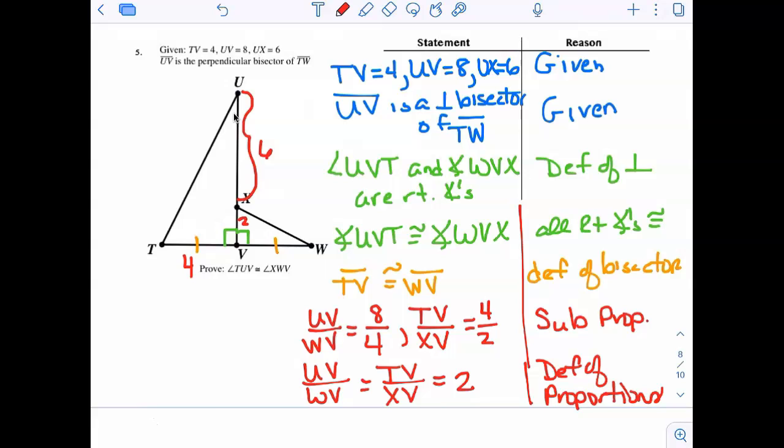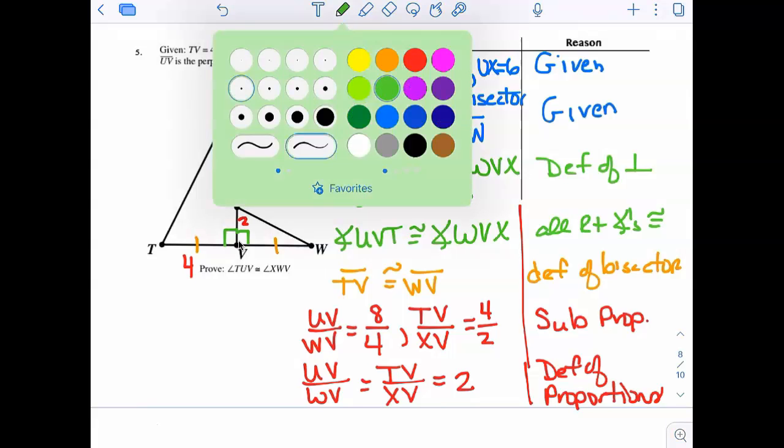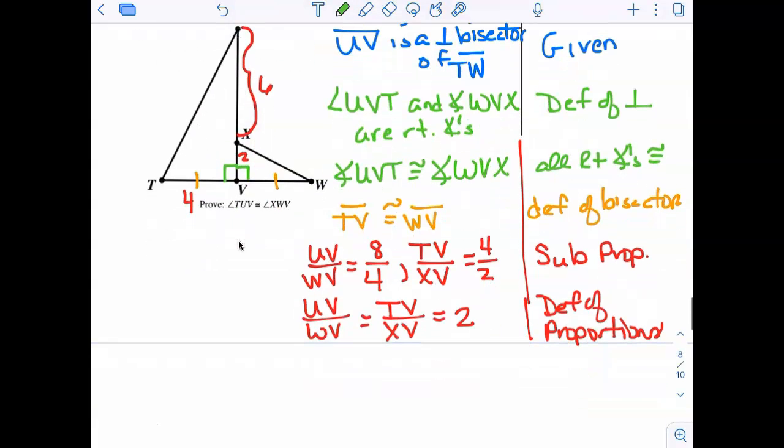Okay, so what we have here is we've proven that we've got 2 pairs of sides that are proportional. And don't forget, we proved that these 2 angles are congruent, and that's the included angle between the proportional sides. So therefore, we can now state that these 2 triangles are similar.